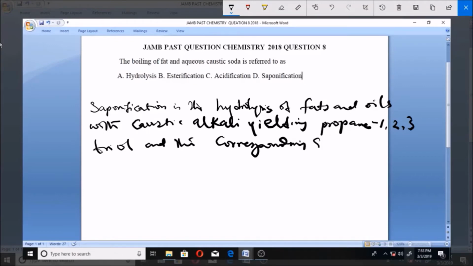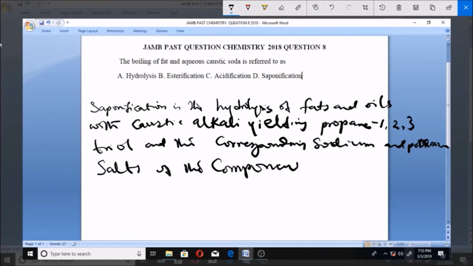corresponding sodium and potassium salts of the component fatty acids.